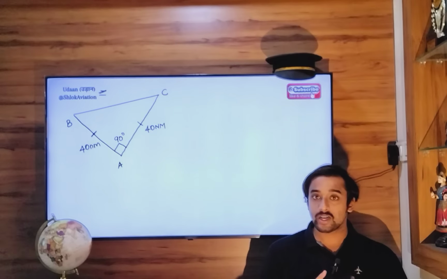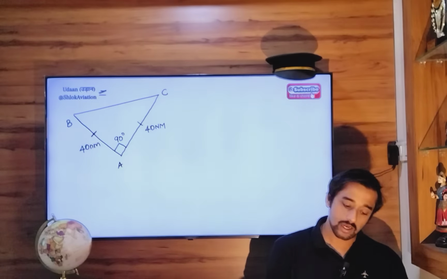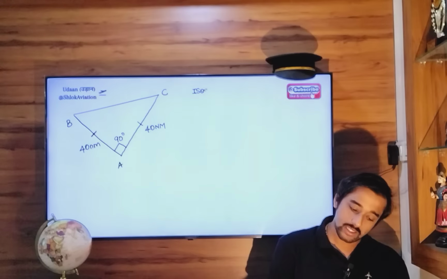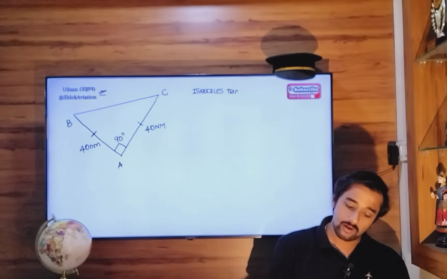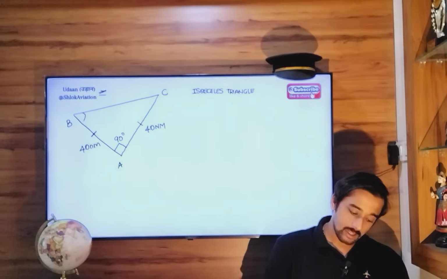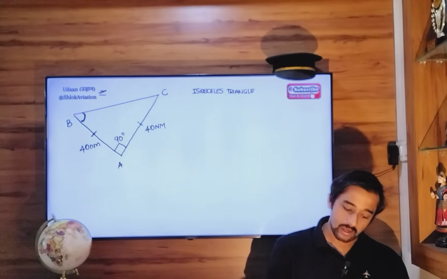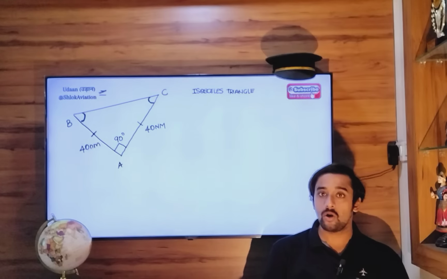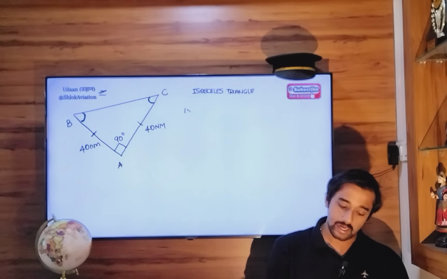So two sides of the triangle are equal. That means this becomes your isosceles triangle. If two sides are equal, the angles must also be equal. That means angle B is equal to angle C. Now the sum of all the angles of a triangle is 180 degrees.